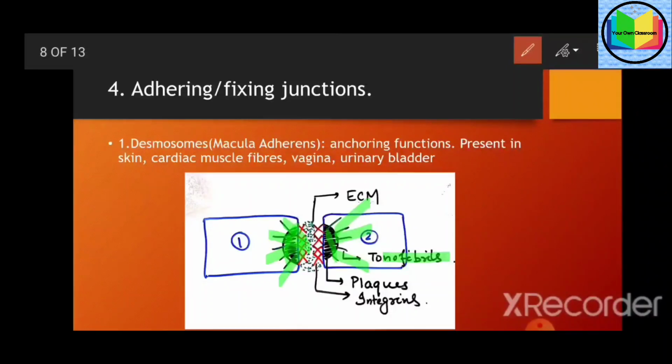These microfilaments, protein plaques and other structures help these two cells to remain close to each other. And there are some adhesion proteins attached to the protein plaques on the outer side of the cells, and between these two adhesion molecules, some extracellular matrix gets trapped, which is shown in the green color here.